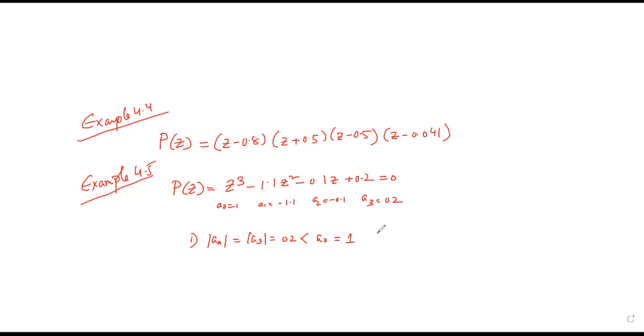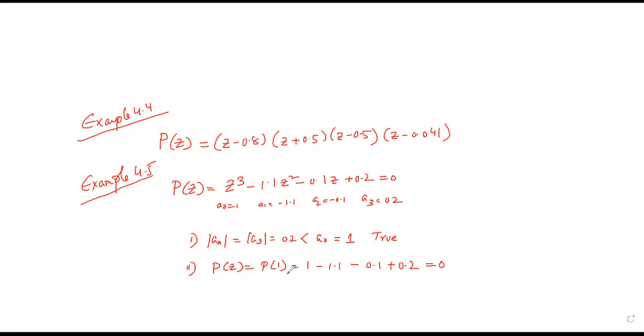So the condition is satisfied. The second condition is that P(z) at z equal to 1, or P1, has to be greater than 0. If you put all the values into this equation, 1 minus 1.1 minus 0.1 plus 0.2, it gives a magnitude 0.